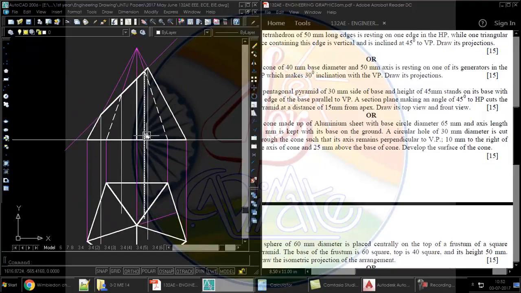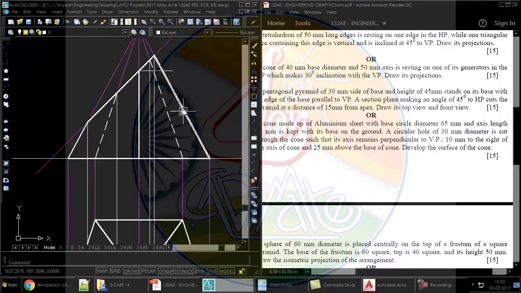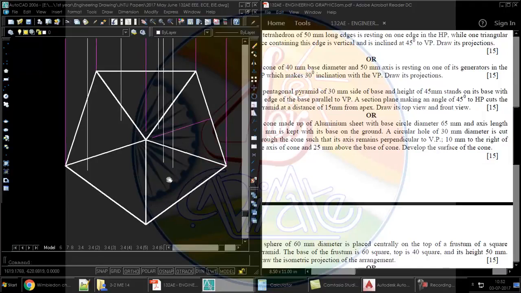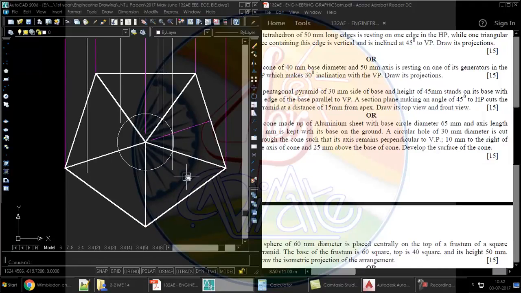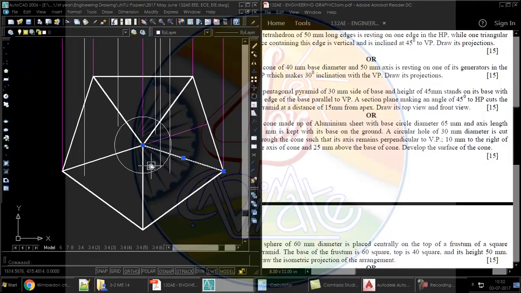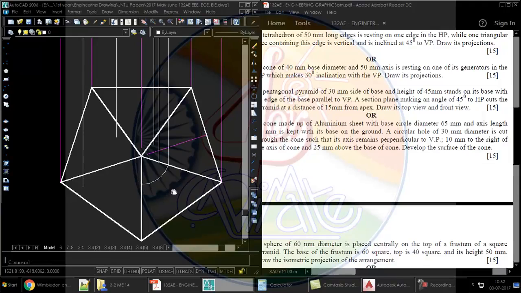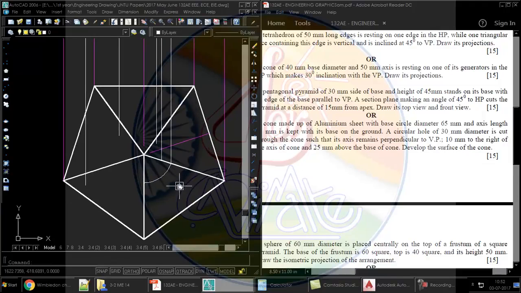And finally for this last one, we'll have to draw a line like this, and let's take it here, and draw a circle back to here. Fine. Okay, so we are ready, so we have to just draw.